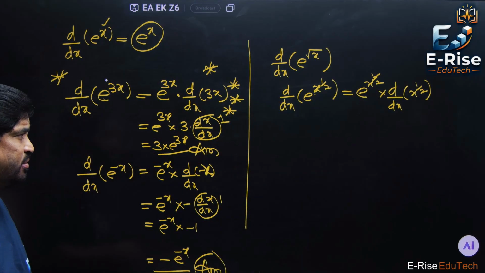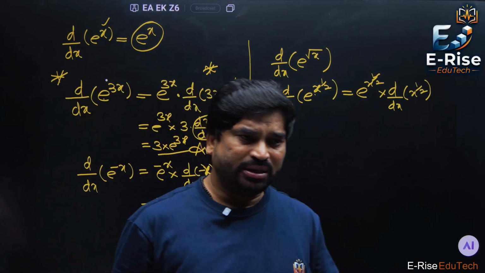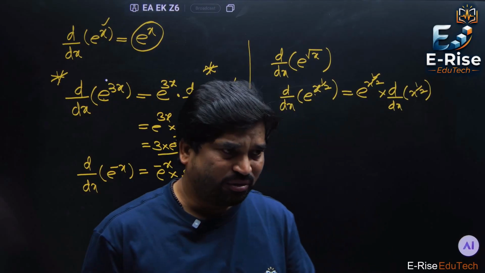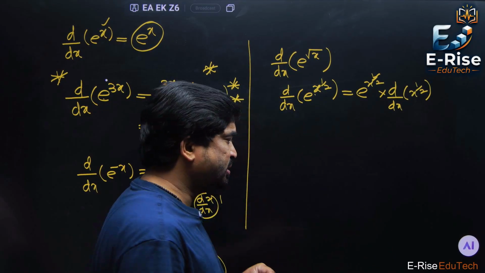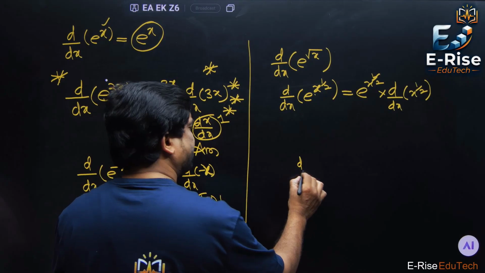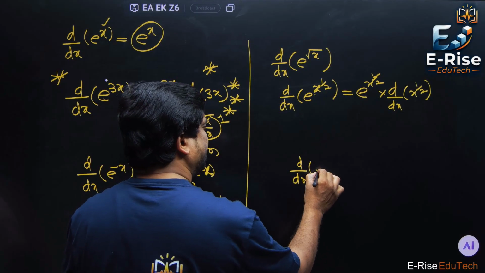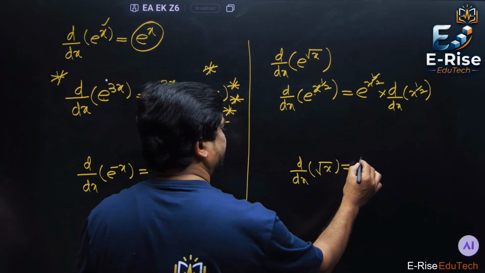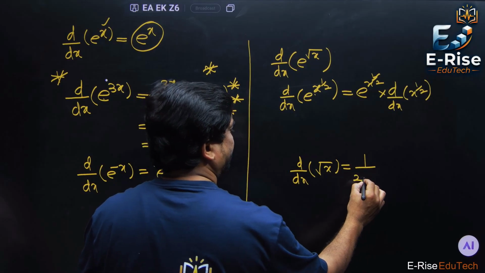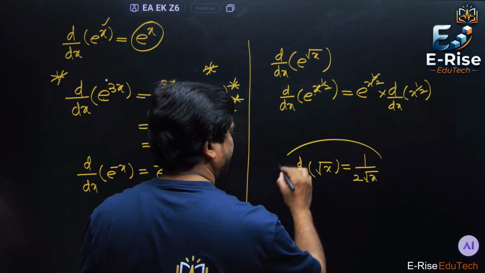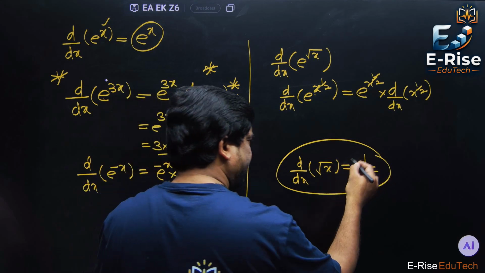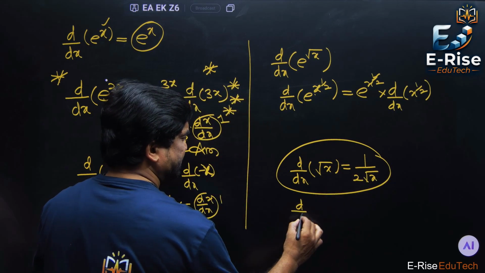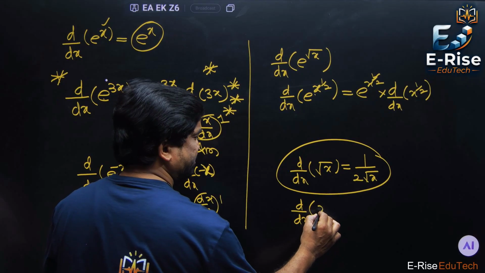In differentiation, there is no need to apply the n into x power n minus 1 formula every time. Just directly remember d by dx of root x is 1 by 2 root x. Verify once whether this is correct. D by dx of x to the power 1 by 2.